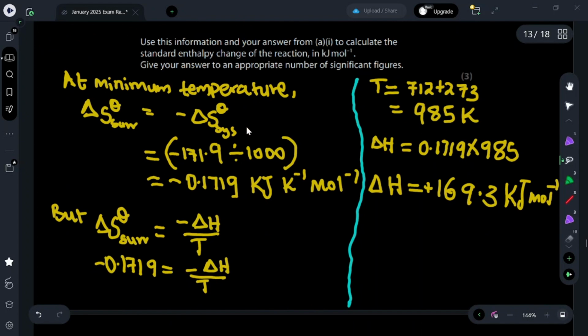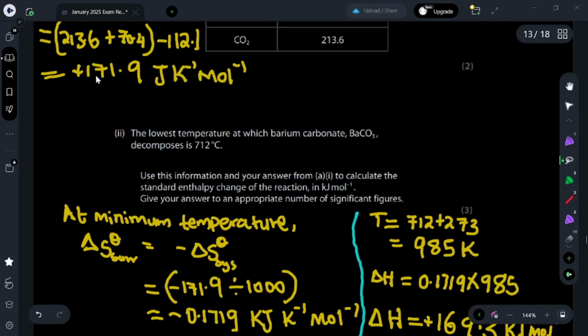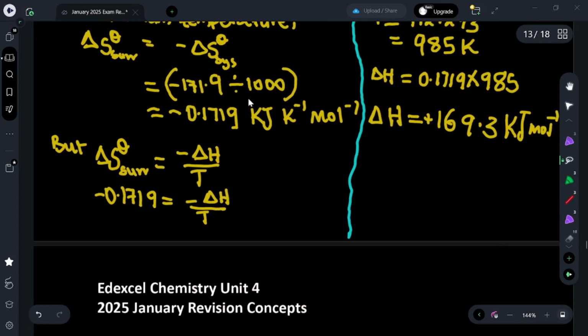What does that mean? We take the entropy of the system that we calculated, 171.9, and divide by 1,000 to change to kilojoules per Kelvin per mole. Then we can use it in the formula for the entropy of the surroundings to get the enthalpy change, because the temperature is already given to us.